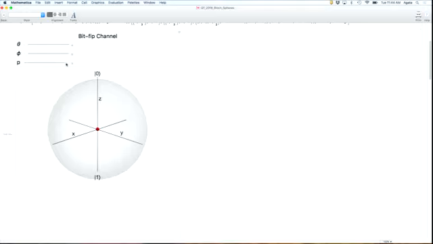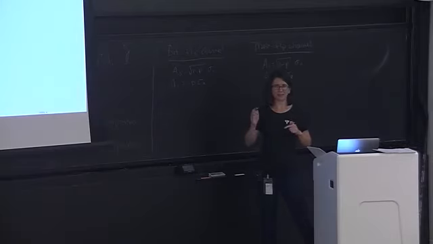Okay, so what happens if instead I have a pure state that's maybe somewhere here? What do we expect will happen to that state if I apply the bit flip channel? Who says it'll go to the center like it did before?